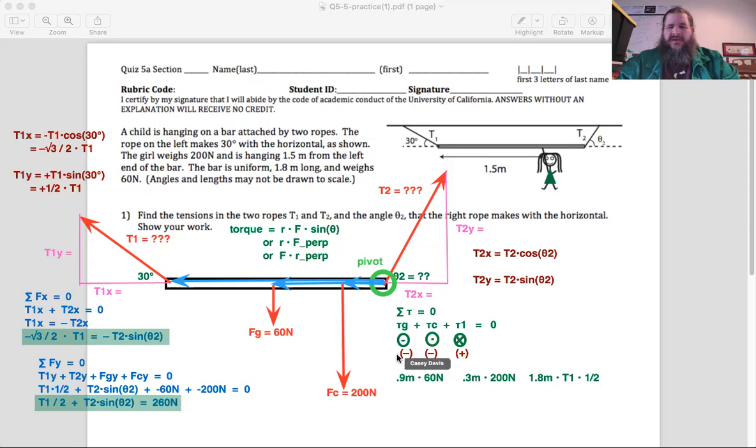And then we should assign the positive and negative signs based on the direction convention we set up earlier. Anything pointing outwards, we're going to call negative. Anything inwards, we're going to call positive. And then we'll add those together.